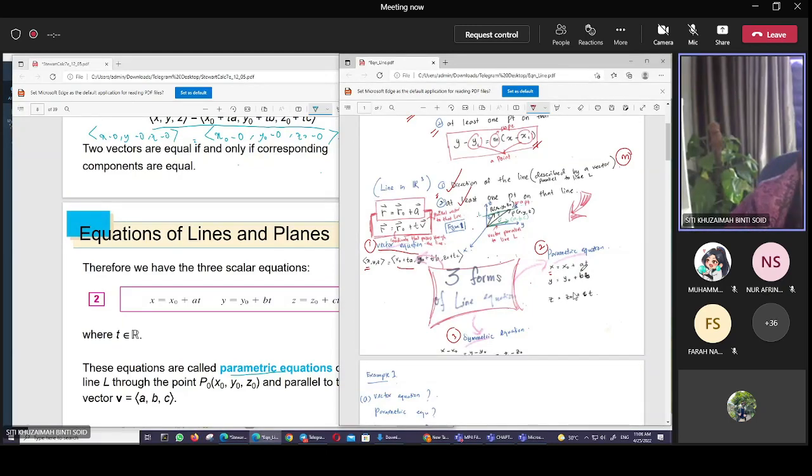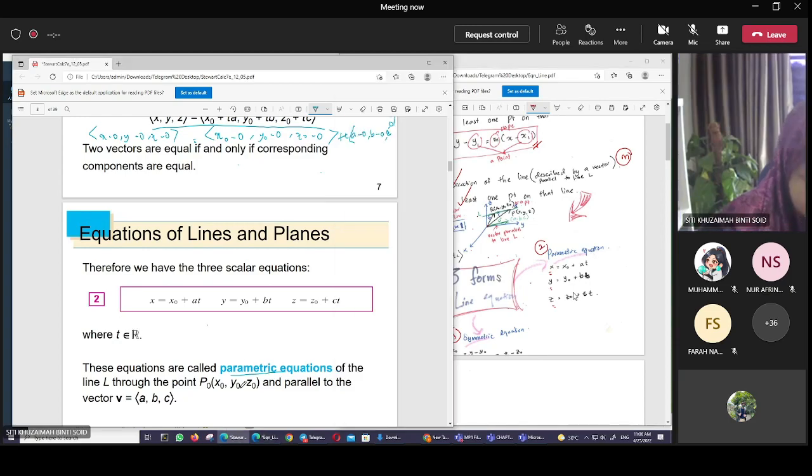For y, we take out y0 plus bt. For z, z0 plus ct. Just take out the equation and make it separate x, y, and z, just like this, the parametric equation.